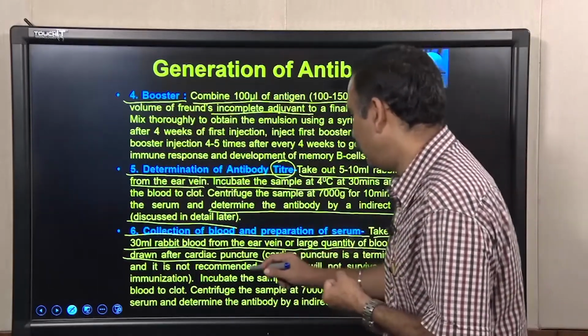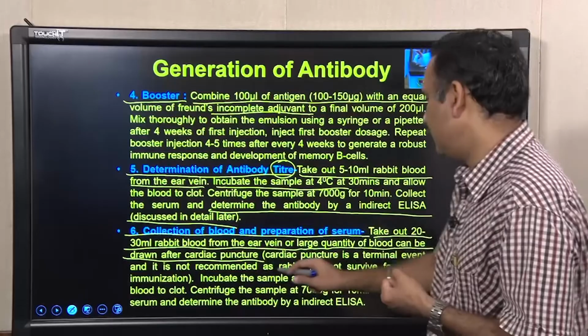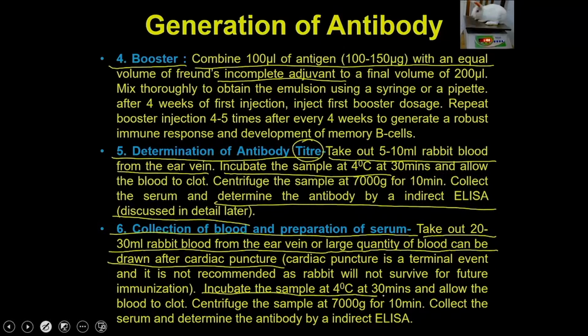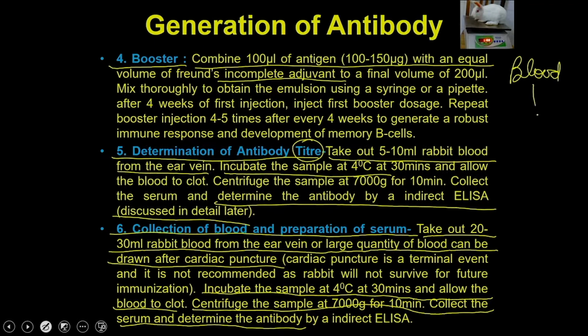Irrespective of the location, you have to incubate the sample at 4 degrees for 30 minutes and allow the blood to clot. Then centrifuge the sample at 7000 g for 10 minutes, and then you can collect the serum. Once the blood goes through the clotting reaction, you are going to get two fractions.